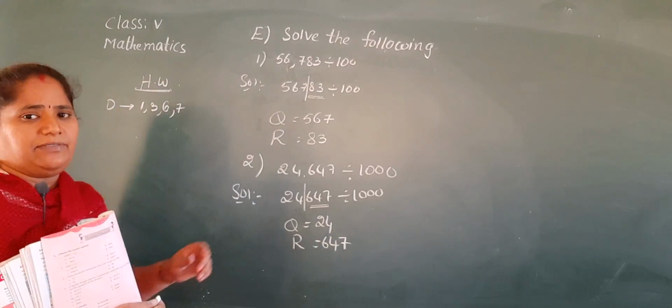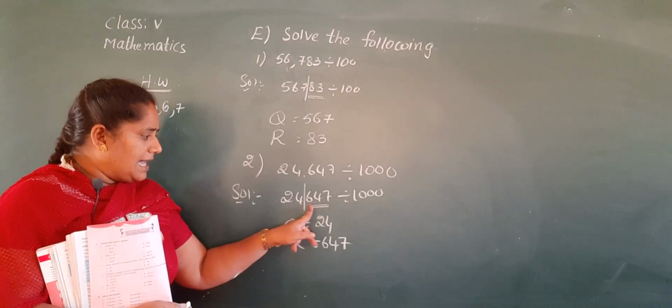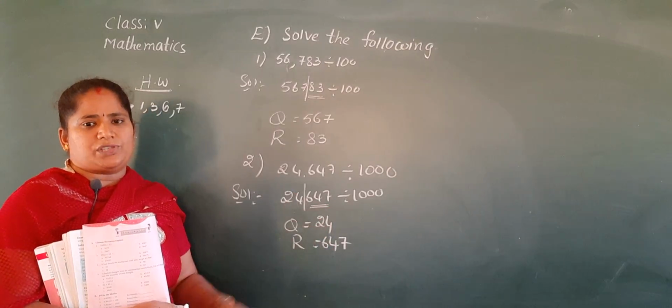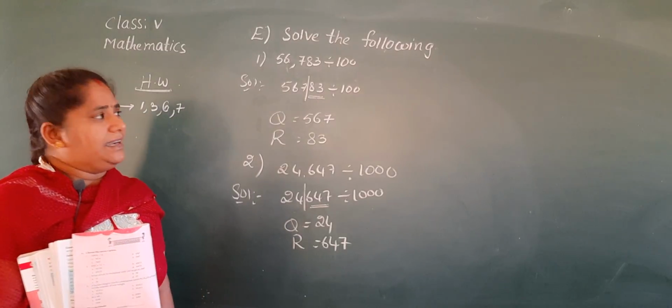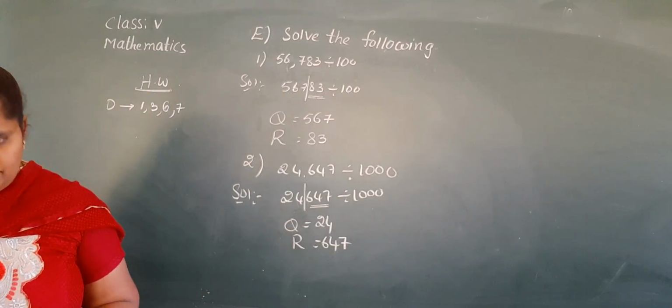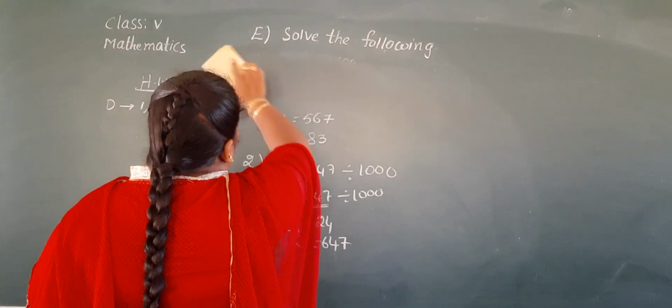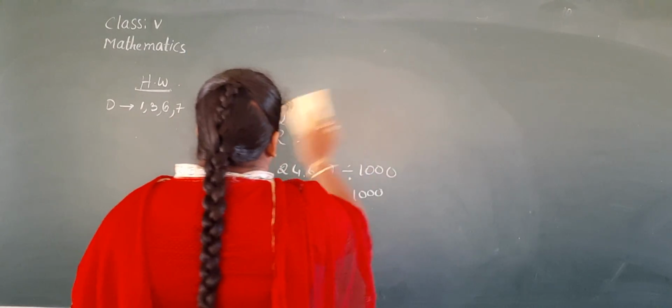So if a number is divided by 1000, the last 3 digits become the remainder and the left side part becomes the quotient. Yes? Write down, Nana. Next problem.